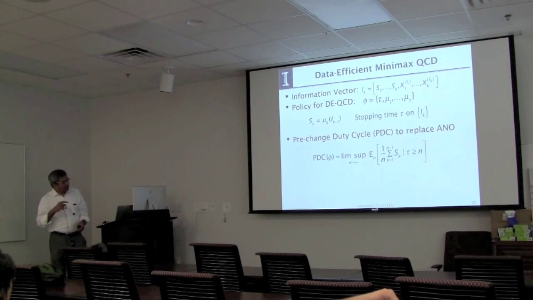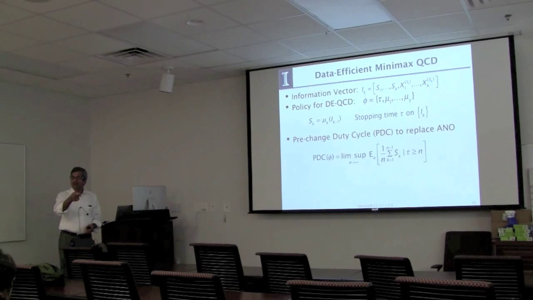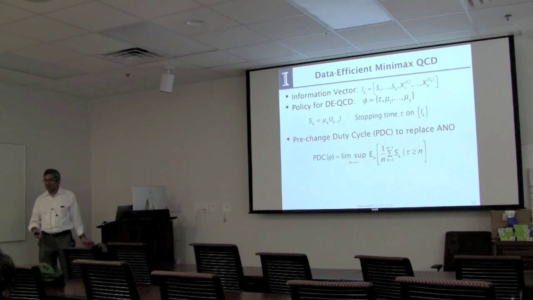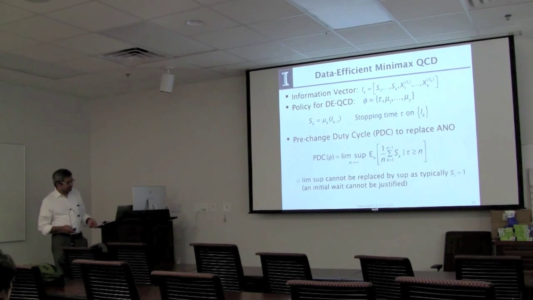But I can't use the supremum of this quantity, unfortunately. The reason I can't use the supremum is because if I look at the first time step, I have to take the first observation. There's no reason for me to skip the first observation. So if I take that first observation, then the average duty cycle at time 1 is going to be 1. Okay? And that's the largest value that the duty cycle can take. So that's why we replace the sup by the lim sup.